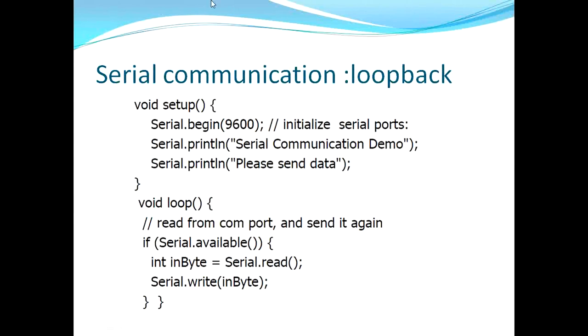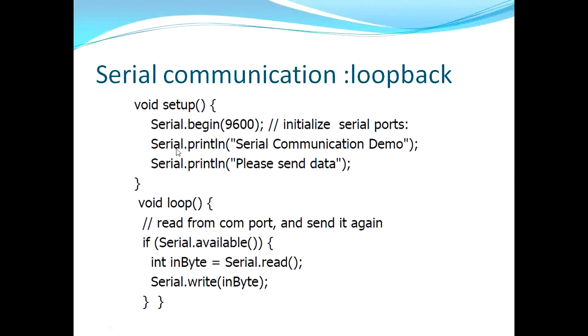So this is a program of the serial communication. Serial.begin(9600), so we initialize the serial port. Then Serial.println("serial communication demo"), and println("please send the data"). These are the three lines we include in the setup. This is a very important command, Serial.begin. 9600 is the serial data rate that is used.